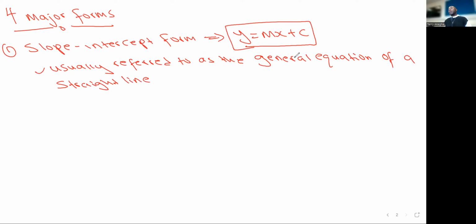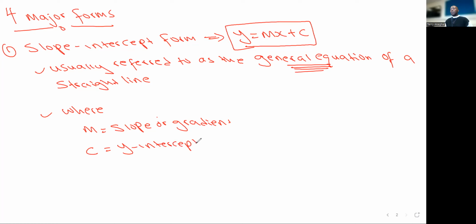So usually when you hear something like the general equation of a straight line, we always refer to y is equal to mx plus c. Where the m, remember the m from the last video, is the slope or gradient. Now the c is what we call the y-intercept.